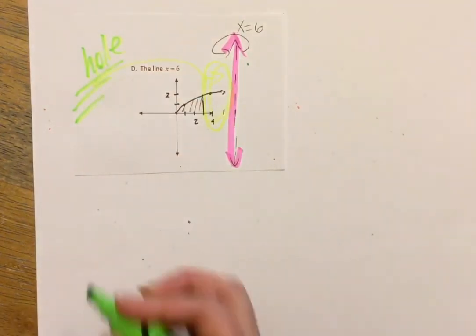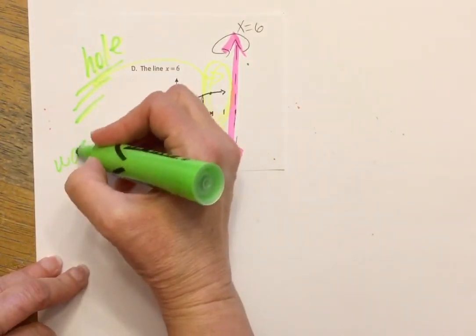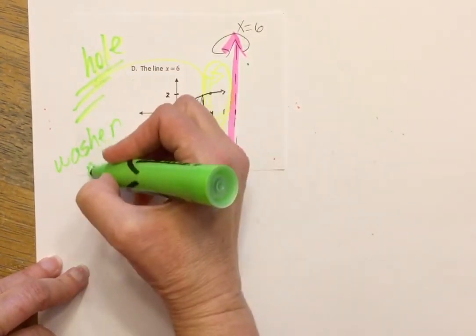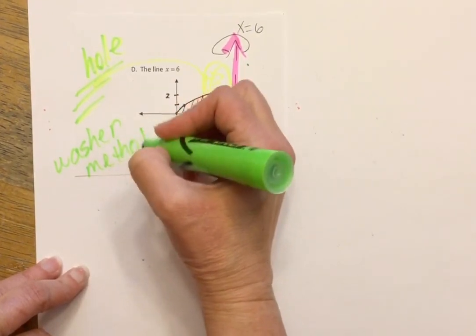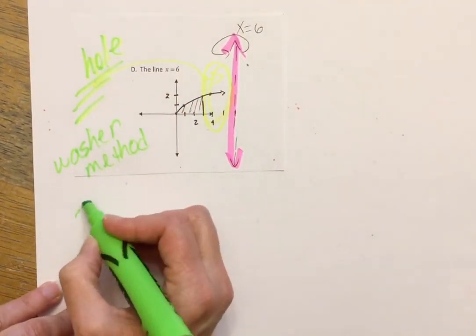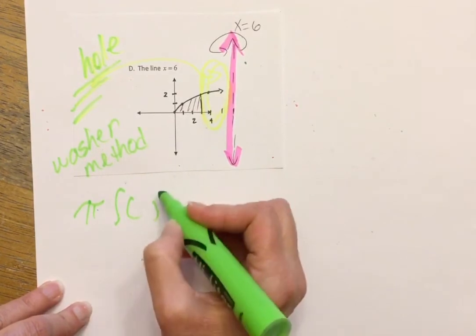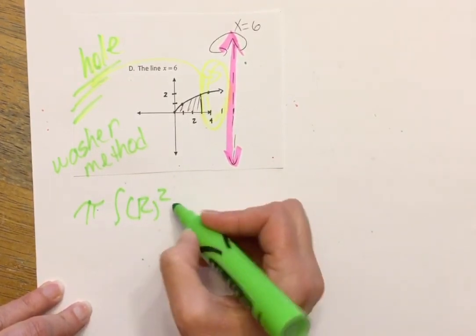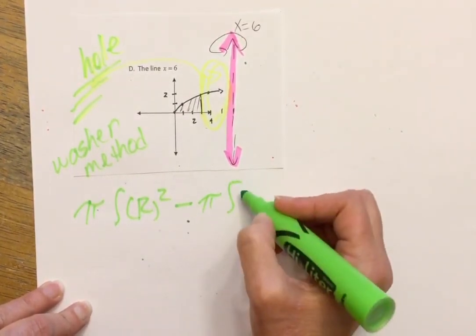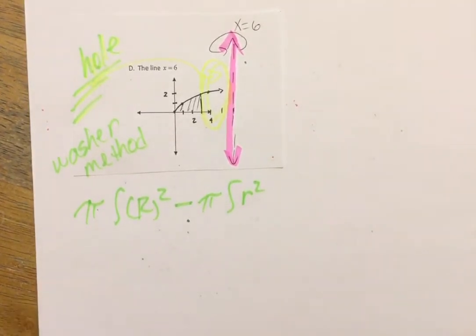Because we have a hole, we're going to be doing what is called the washer method. So the washer method says we're going to have pi integrate big R squared minus pi integrate little r squared. We are going around something parallel to the y-axis, so we are again going to be in terms of y.